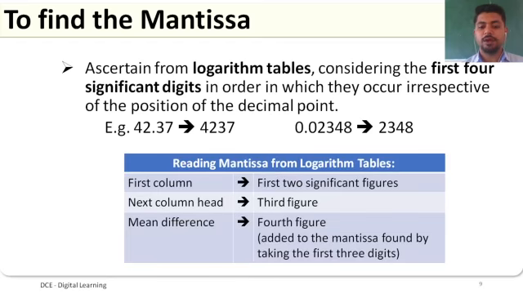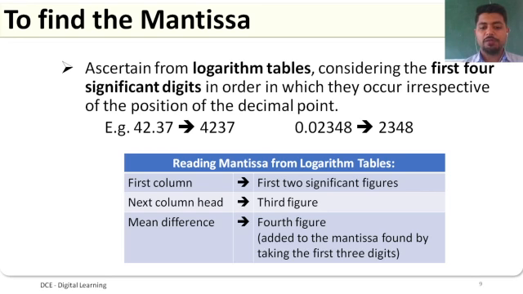Now reading the mantissa from the logarithm tables. The first 2 figures or first 2 digits are to be located from the first column of the logarithm table.